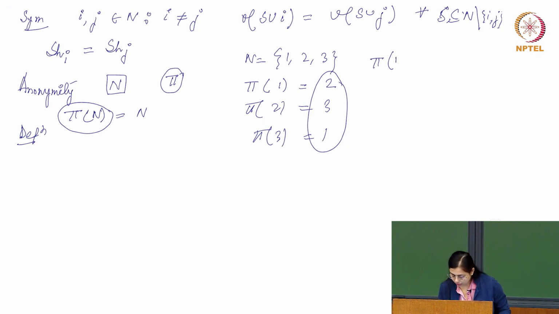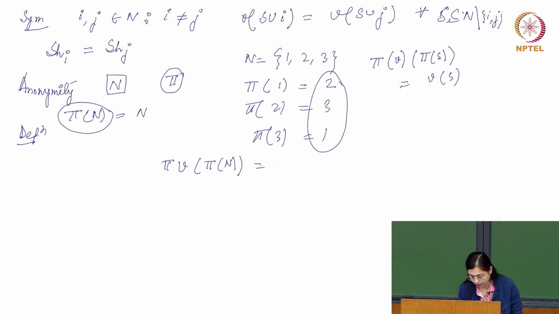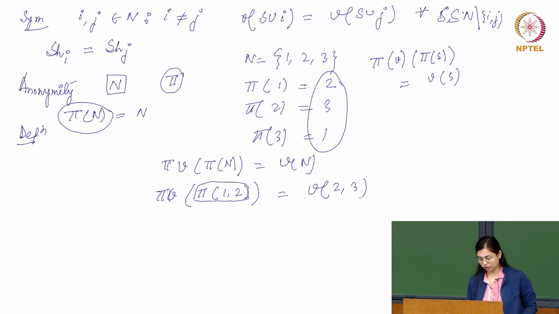For the permutation of coalition 1 and 2, what is it? It is 2 and 3, so it will be v of 2 and 3.